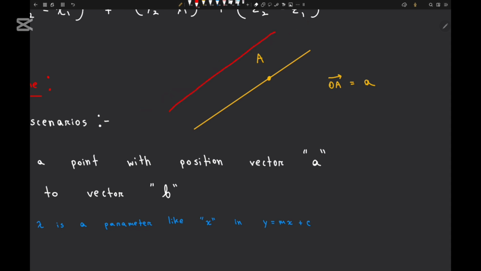Let's assume that the OB vector looks something like this. This is point O and this is point B. So the OB vector, let's assume that the OB vector is B.